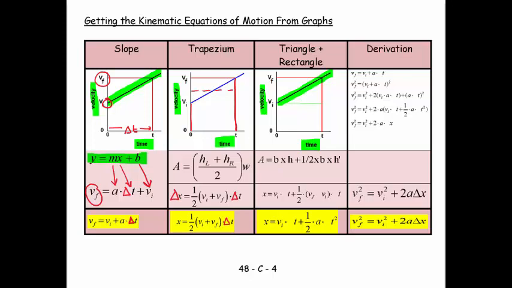Third equation, well, is a velocity versus time graph. And again, we're going to recognize that the area under the graph is equal to the displacement. But now I'm going to recognize this as being a combination of a triangle and a rectangle. For the rectangle, it's the base times the height.